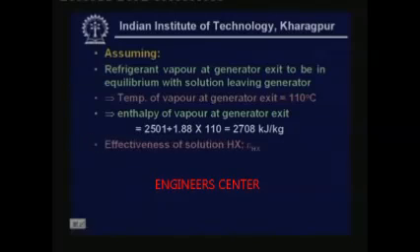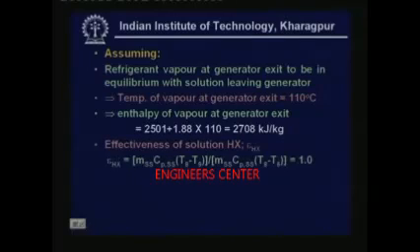Then, from the effectiveness of the solution heat exchanger: effectiveness is defined as MCP minimum into delta T actual divided by MCP minimum into delta T maximum. In this case the mass flow rate of the strong solution is less than that of the weak solution, and if you assume the Cp values are almost the same, then it is the strong solution which has the lower MCP product.